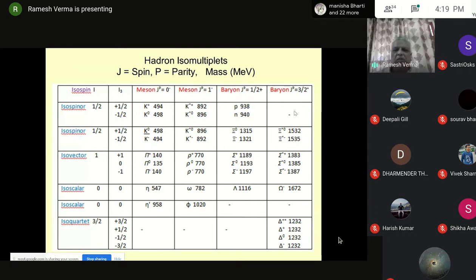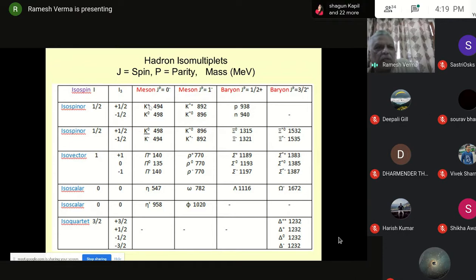But the point which you can note here is that we have isospin half, which originally started with the proton and neutron approximate degeneracy.